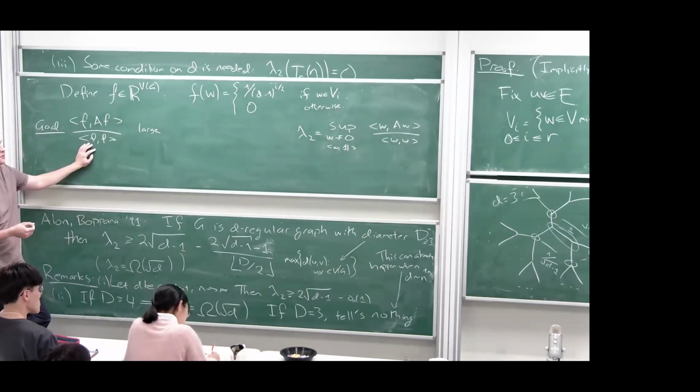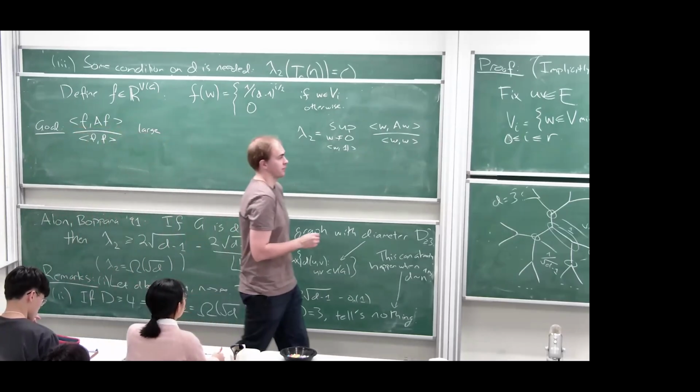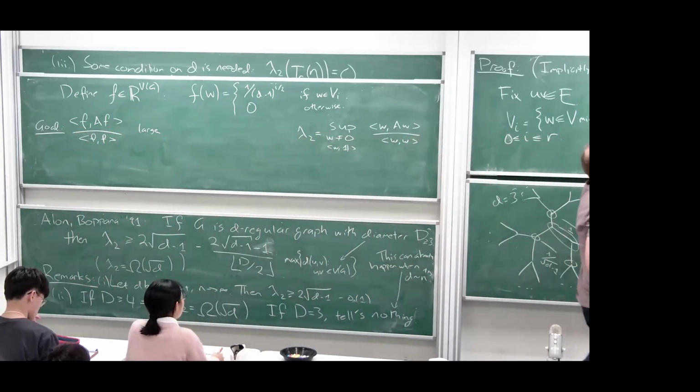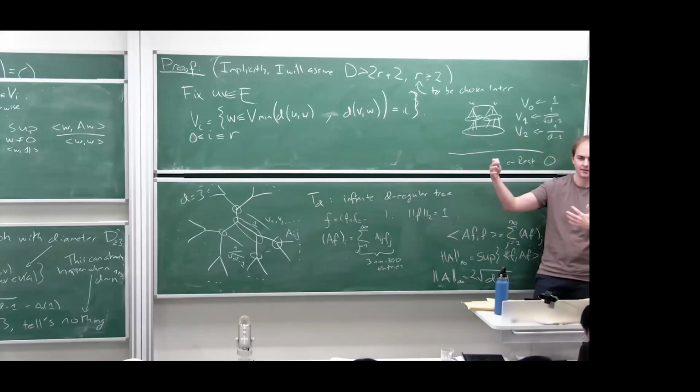Okay, so our choice of f is certainly not going to be orthogonal to the all-one vector. So now it's a good question to ask, is it a problem? Turns out that it's not, because I only define these sets up to roughly the halfway of the diameter.